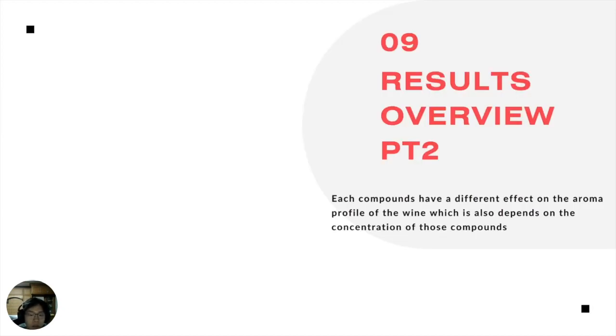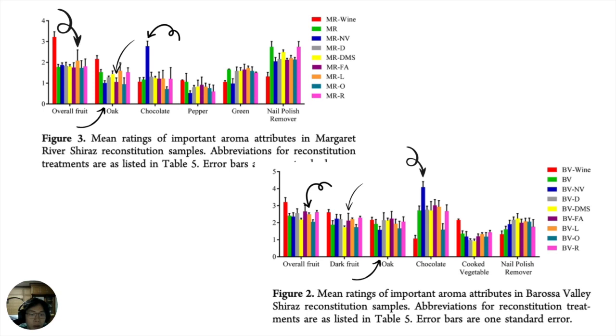And so for the result overview of the omission test, each component in the wines has a different effect on the aroma profile of the wine, which also depends on the concentration of those components. So for example, the non-volatile compounds, which are the blue bars, have a similar effect on both wines.